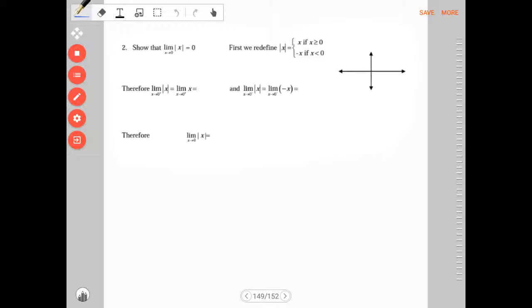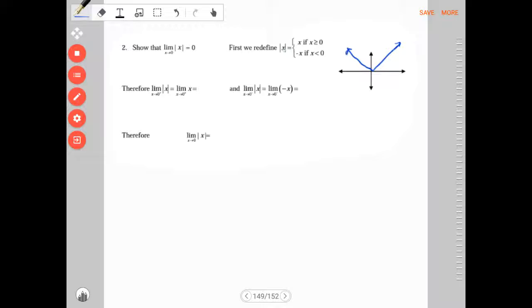Number 2. Show that the limit as x approaches 0 of absolute x equals 0. Well, guys, we know what absolute x looks like. It's the V graph. But really, the absolute value is a piecewise function, so we're going to redefine that.